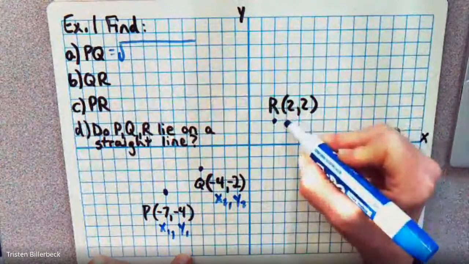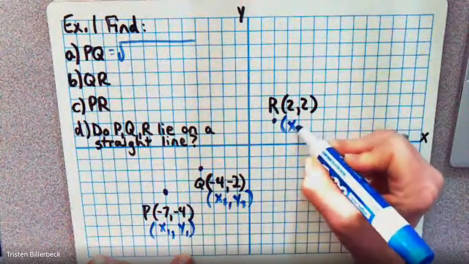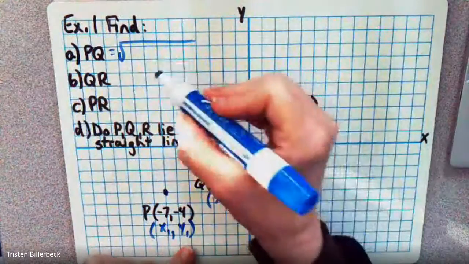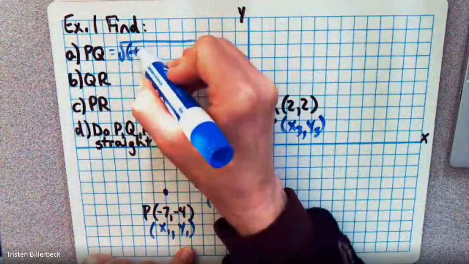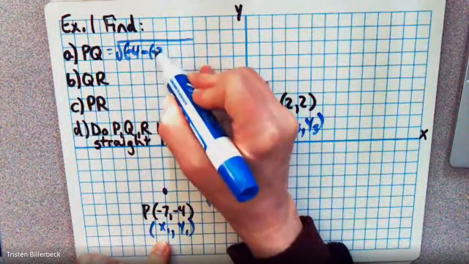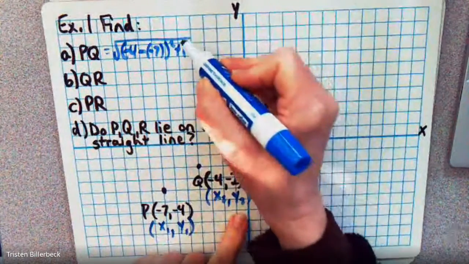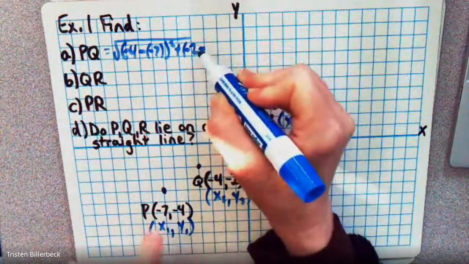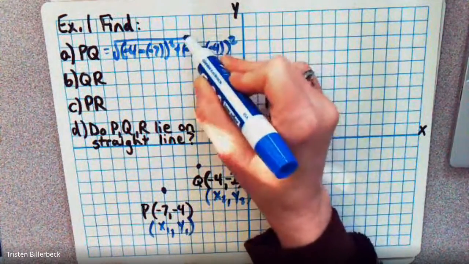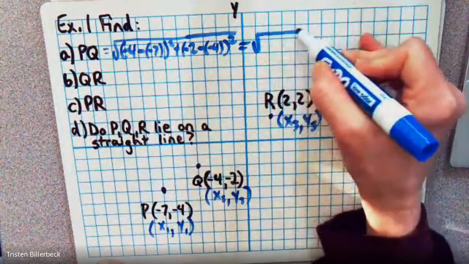And I'm going to say this is x3, y3. So if I have -4 minus -7 squared plus -2 minus -4 squared equals, and then I have the square root.